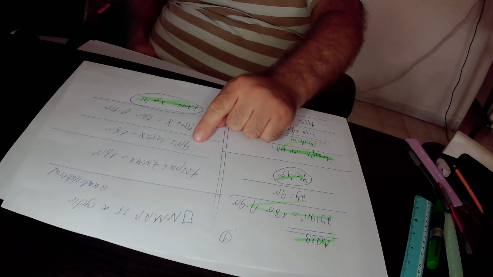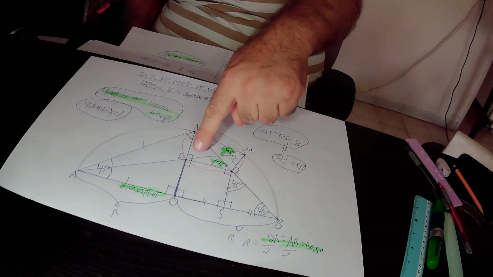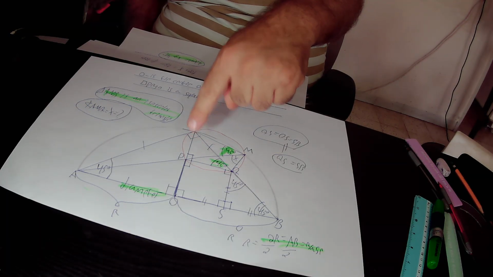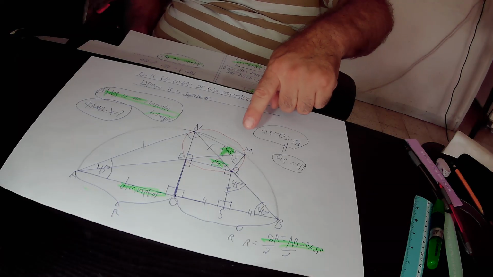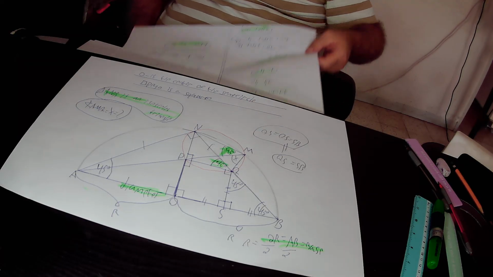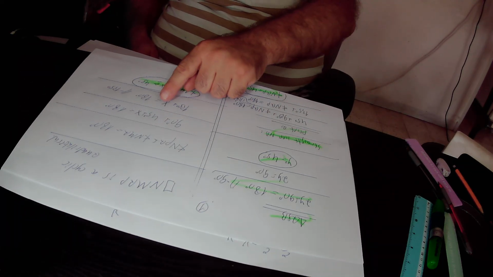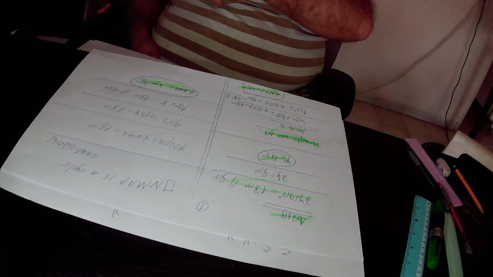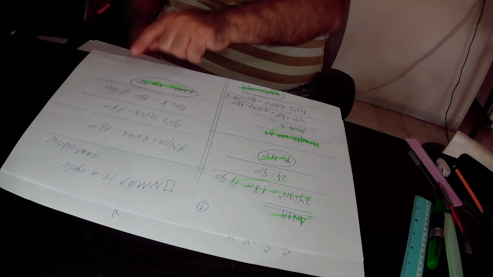Angle NPQ equals 90 degrees, and angle NMQ equals 45 degrees plus X. In total they must be equal to 180 degrees according to the rule that I mentioned.